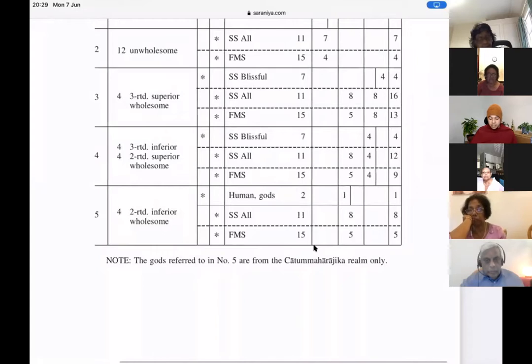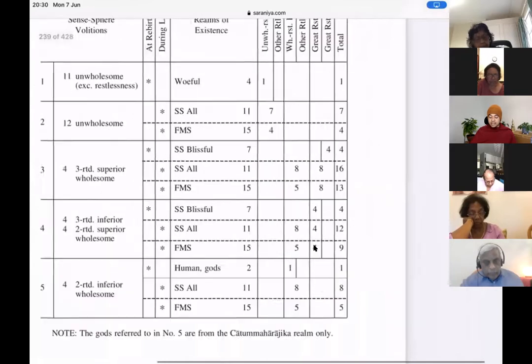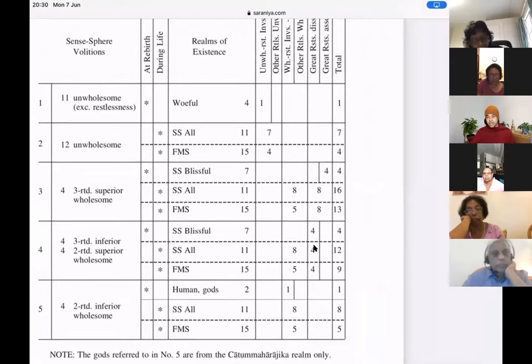Then how does that happen or come to be? So we have 2 here, which is, of course, the human realm and the Chatumaharajika. And that can arise through the rootless wholesome investigating consciousness only. Why? It is weak.